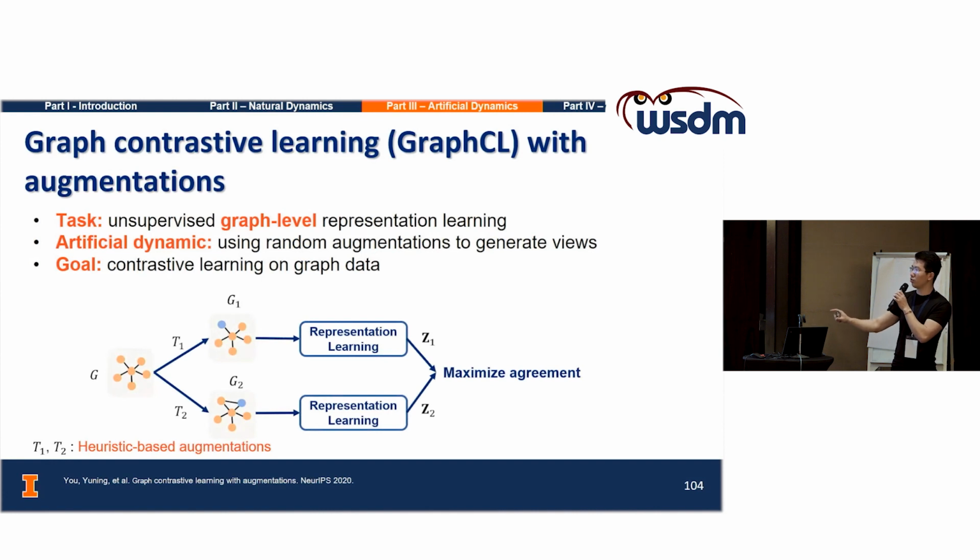We feed them into some GNN encoder to conduct the representation learning task and get representation matrices of vectors, Z1 and Z2. And we try to maximize the agreement between those two views. For sure, in real-world implementations, some techniques like negative sampling will be applied, but we don't introduce too many details here.